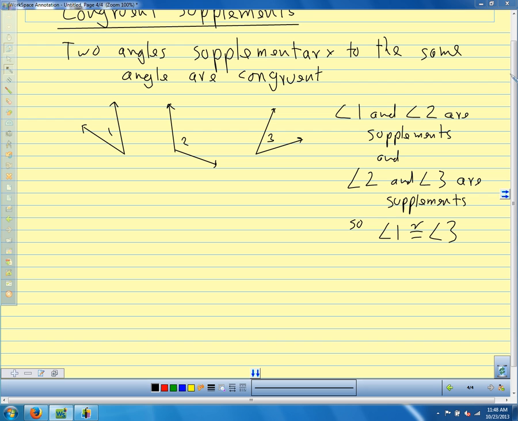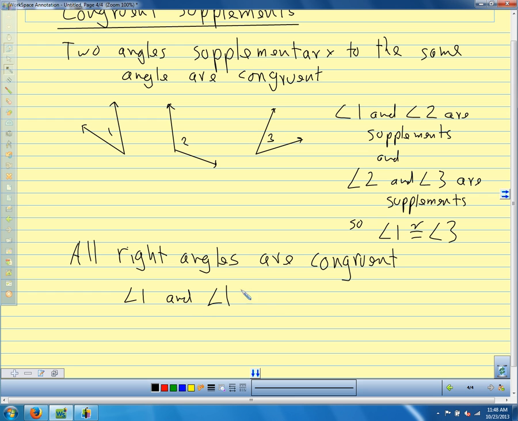Another similar theorem is that all right angles are congruent. So if we know that an angle is a right angle, it's congruent to any other right angle. So angle 1 and angle 2 are right angles.